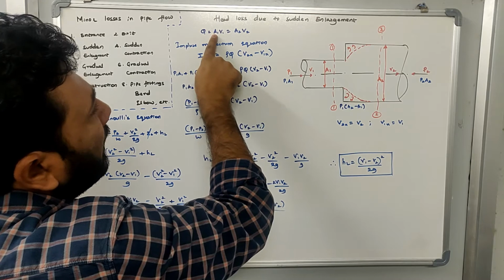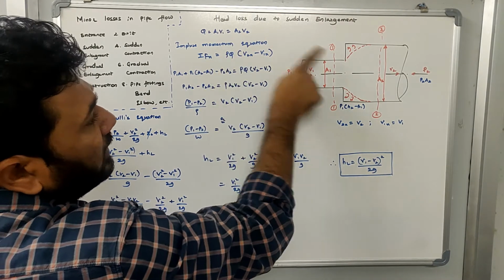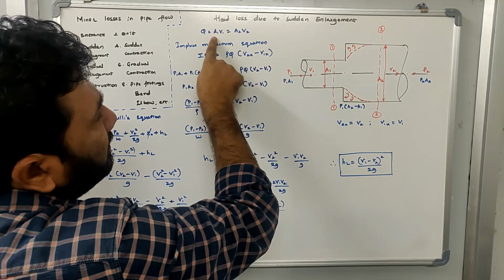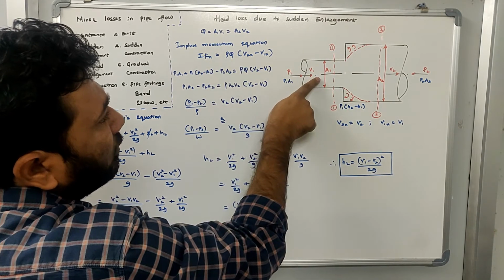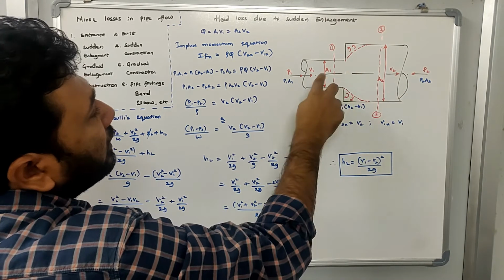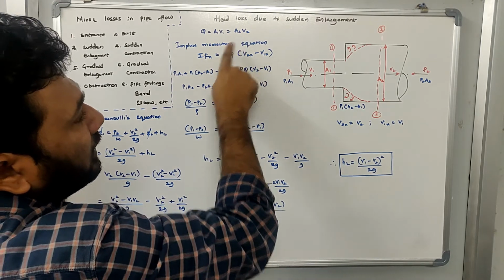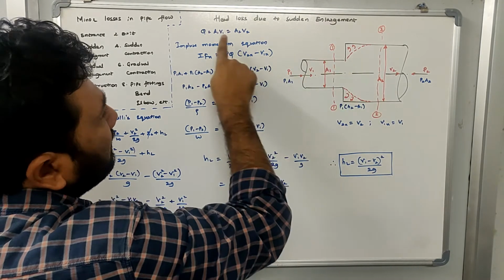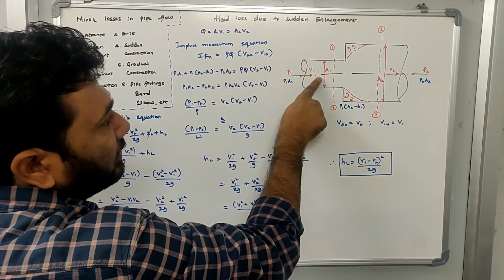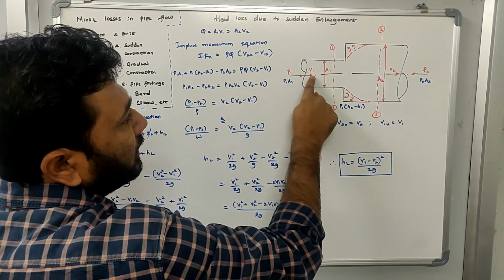Now assume A1 is a smaller diameter pipe and A2 is a larger diameter pipe. Which means A1, the area of cross section of the first pipe, is less compared to the second pipe, right? Because of this variation, what is the change that will happen in the velocities? Now when the area was less, the velocity was greater here compared to this one. Now when suddenly the area increases, what happens with the velocity?